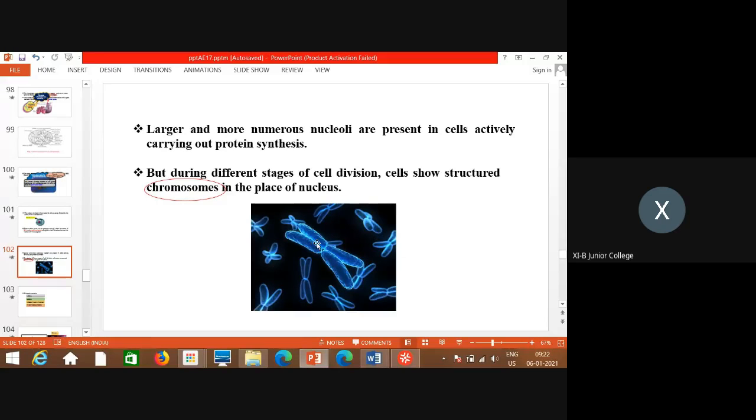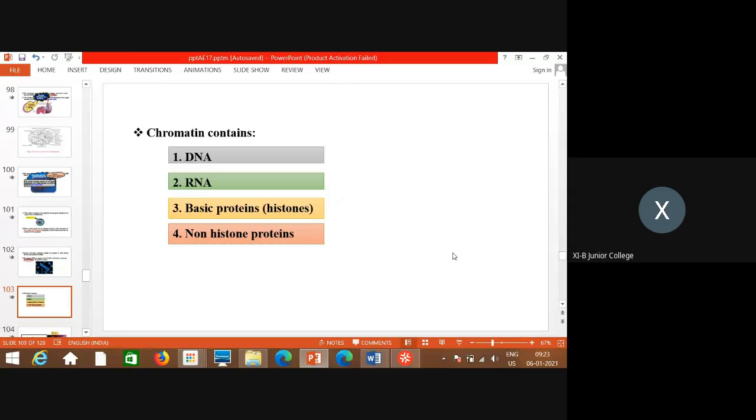In the previous diagram, the structure you saw was the thread-like chromatin network, right? But when the cell is in the dividing form, the chromosomes change their shape. And what types of shapes are seen, that we will discuss in the next chapter.